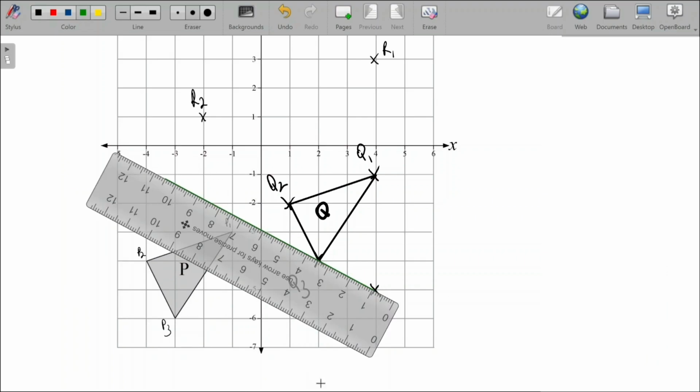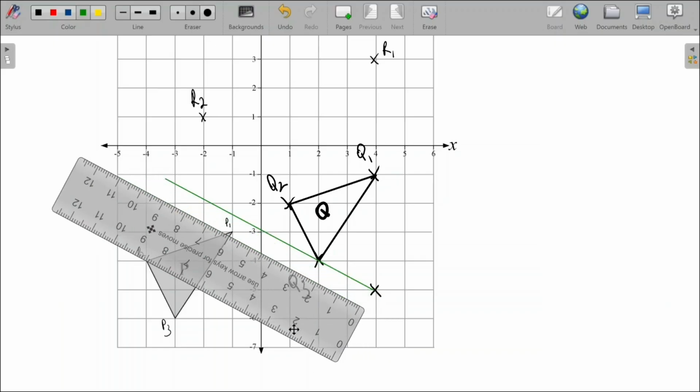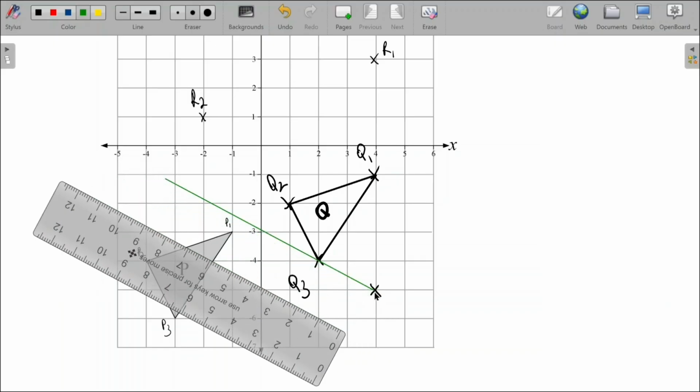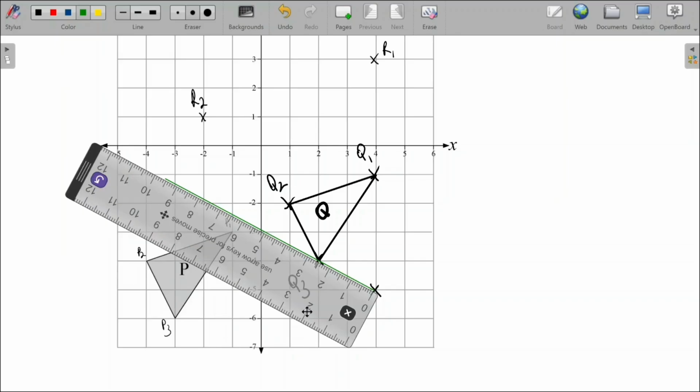Next, we pick our ruler and measure the distance between the center of enlargement and Q3 to get R3. The distance is about 2.5 centimeters. So 2.5 times 2 will give you 5.